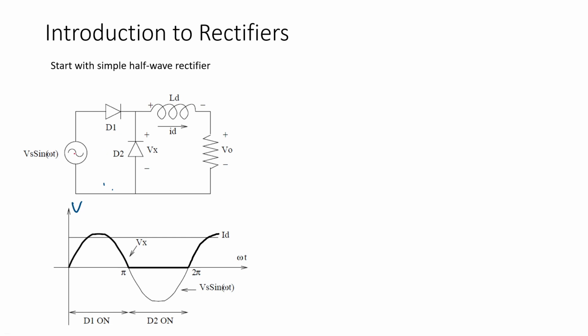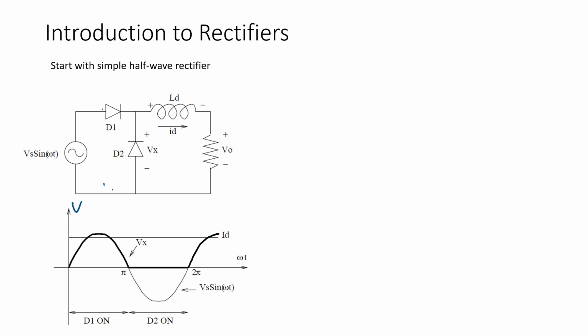First, let's see a half wave rectifier. It's called half because the waveform of the output is just a half sine wave. So look at here, you have a voltage source as a sine wave, and you have two diodes like this. So let's do a quick analysis.